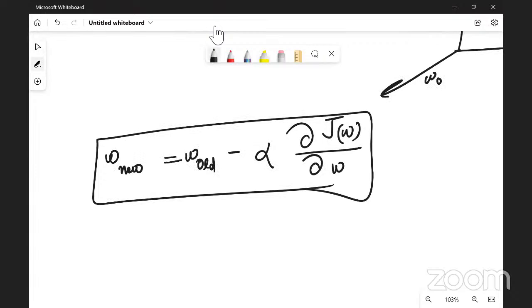Sir, a similar thing in Perceptron for classification, we use plus alpha del JW by del W. Is that because it is using a sign function? In Perceptron, the training is not based on derivative, right? No, yeah, it is a function basically.